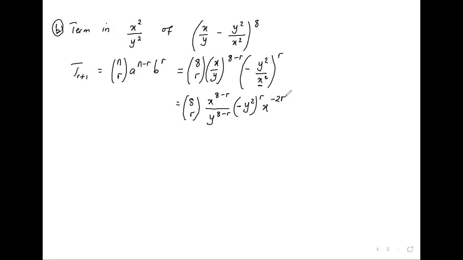And then from here, you just concentrate on the x. So you get x^(8-r) multiplied by x^(-2r), which is the same thing as x^(8-3r), and then this is equated to x to the power 2.